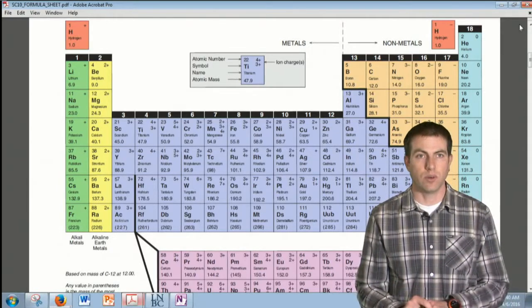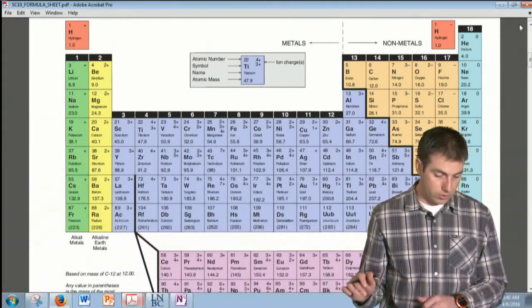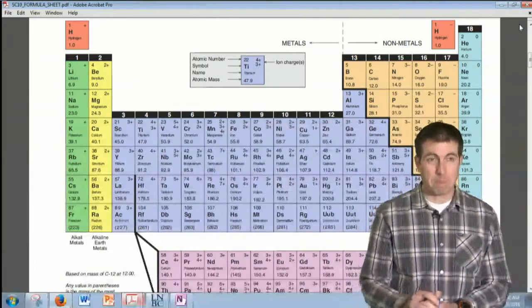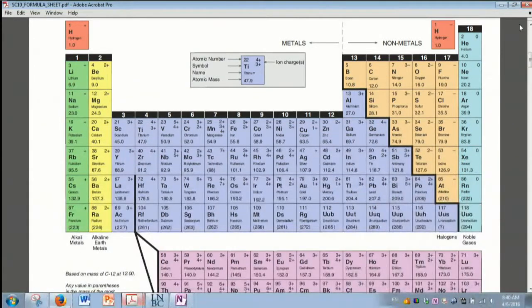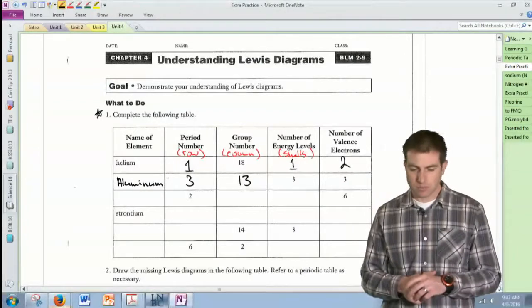And the third row is sodium across to argon. So this is actually aluminum. So for sure, yeah, that's right. Tricky question, right? But it's not impossible to figure it out.